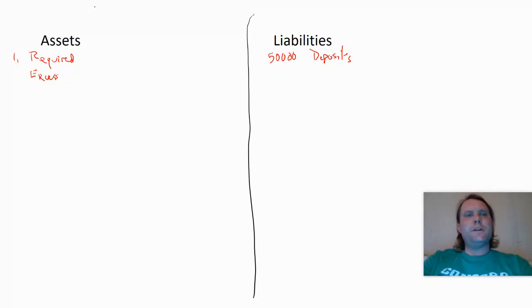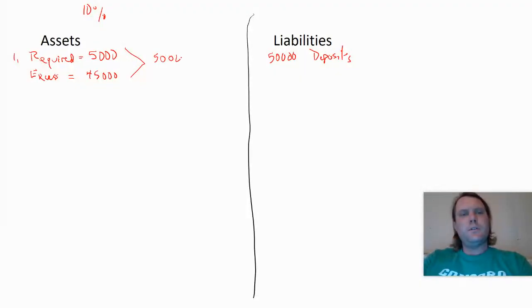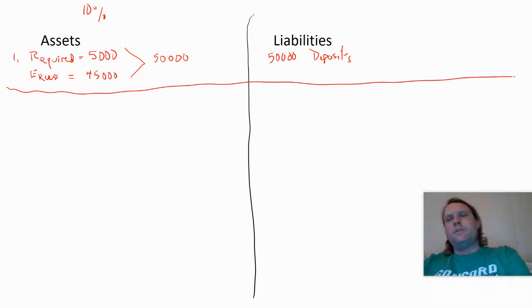We know required is 10% of our deposits. That's going to be $5,000. We know that this has to equal $50,000. So this is $45,000. Again, keep in mind, this equals 50,000. I'm going to draw a little line under there so I can separate it.